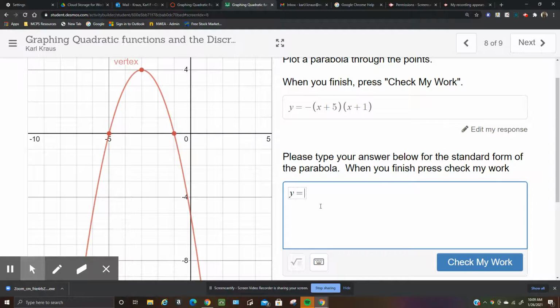Multiplying everything together, x times x is x squared, x times 1 is x, 5 times x is 5x, 5 times 1 is 5.